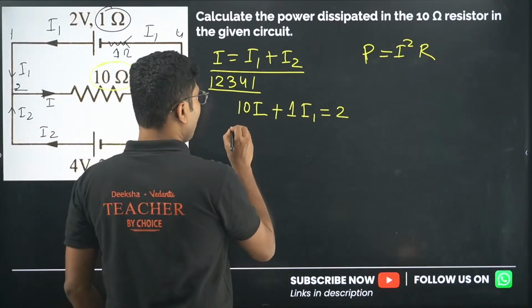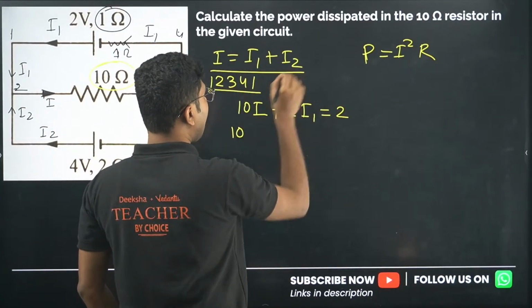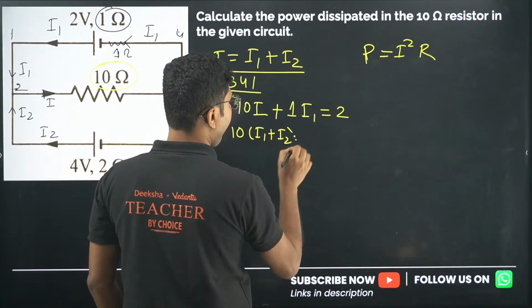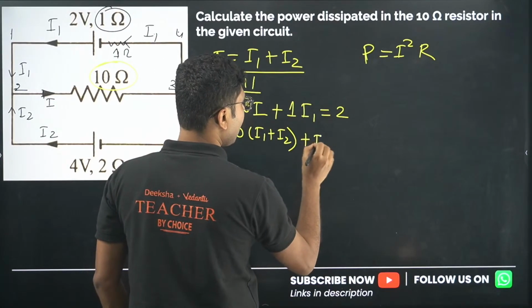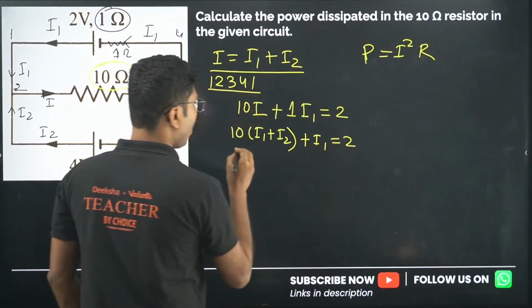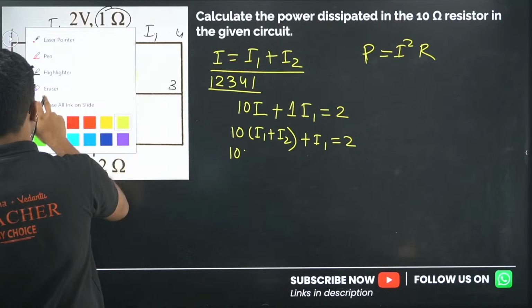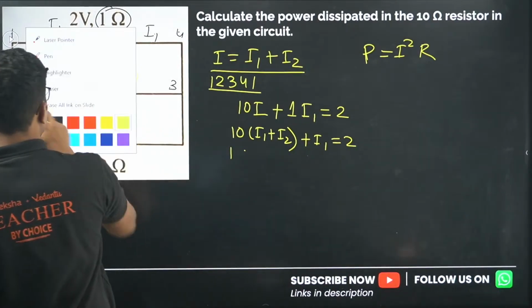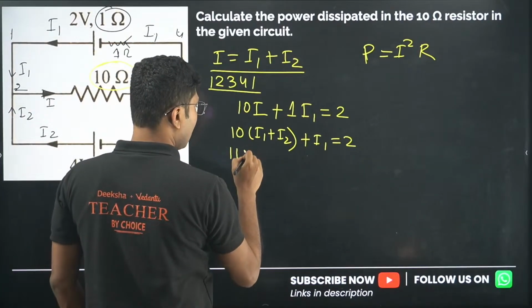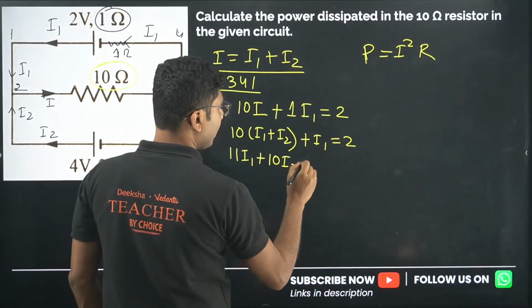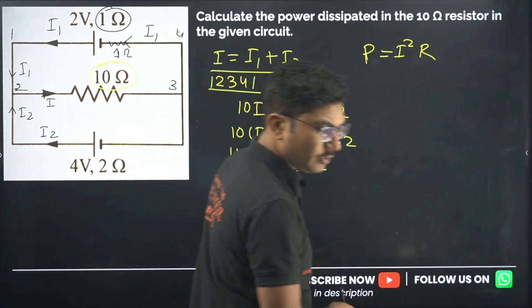Now the value of I is I1 plus I2, so 10 I1 plus 10 I2 plus I1 equals 2, or 11 I1 plus 10 I2 equals 2, right?